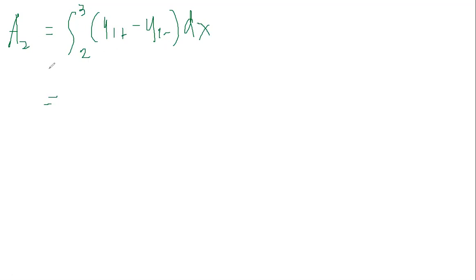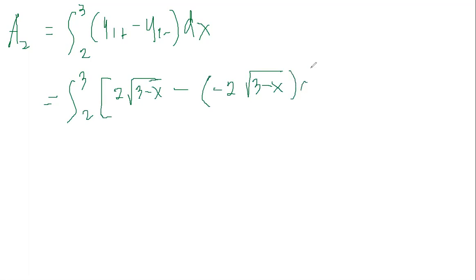You can go back to the previous slide or space for solution to check if this is correct, but I'm sure it is. So this becomes 3, 2, and we know that y sub 1 is the positive part. So that's 2 square root of 3 minus x minus the negative. Okay, so negative 2 square root of 3 minus x dx, right?